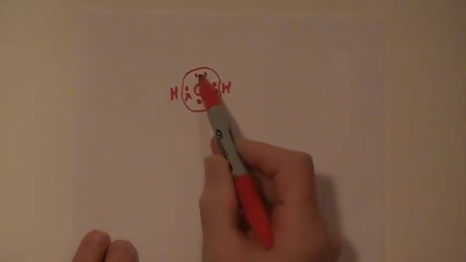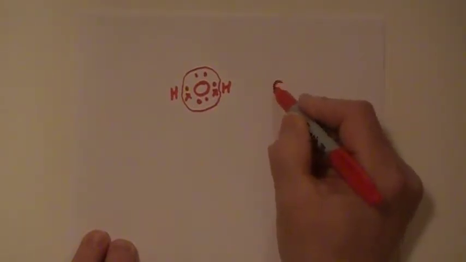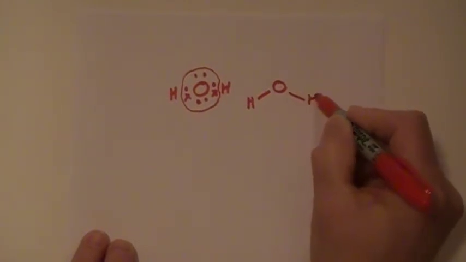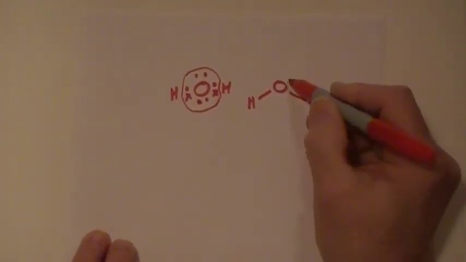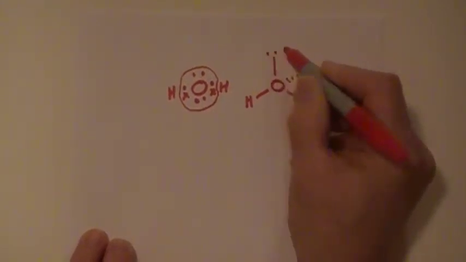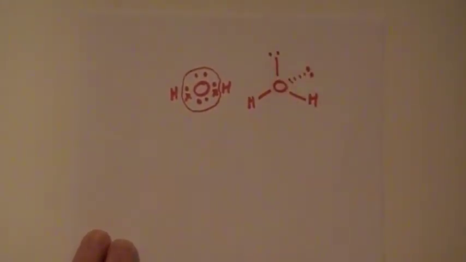We have 4 things in space that want to get as far apart as possible. So we must be dealing with a tetrahedral shape. And the electrons are in 2 corners of the tetrahedron, the hydrogens are in the other 2.